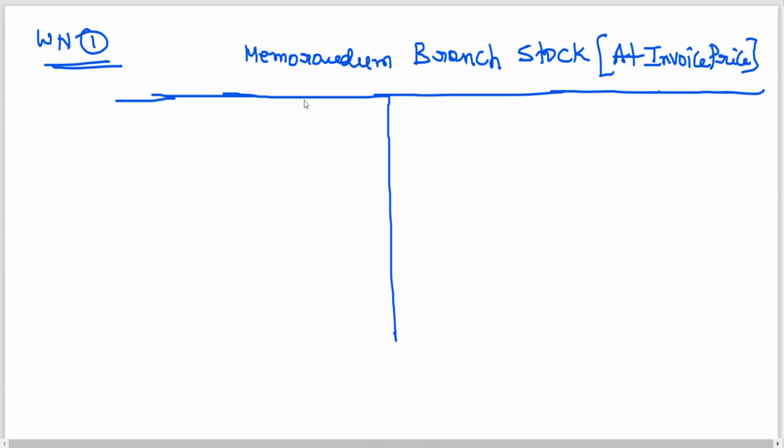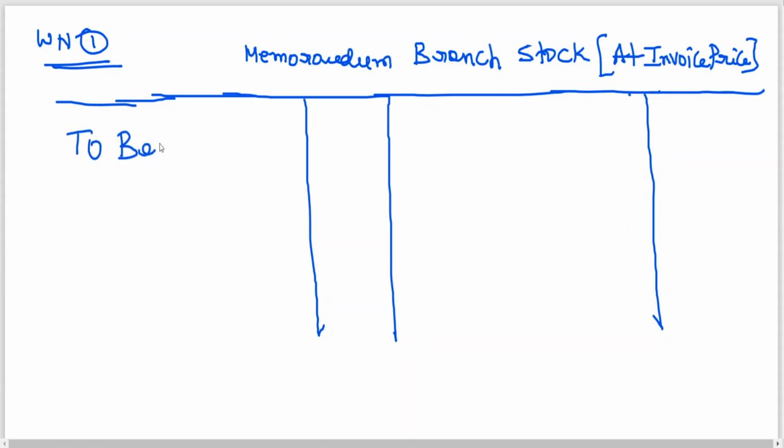Random branch. To balance brought down, I'm writing invoice price, opening stock.